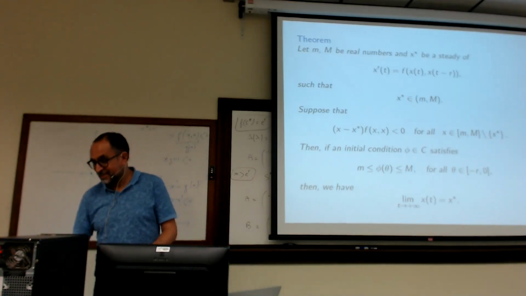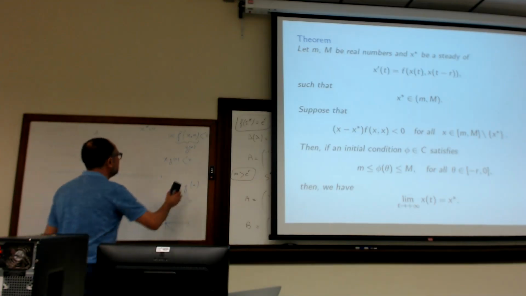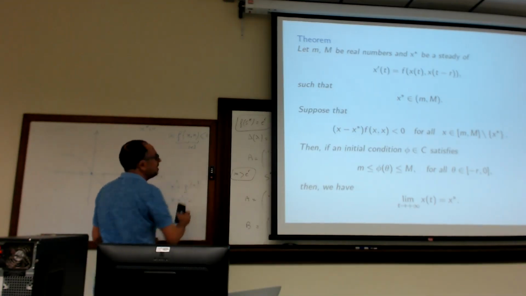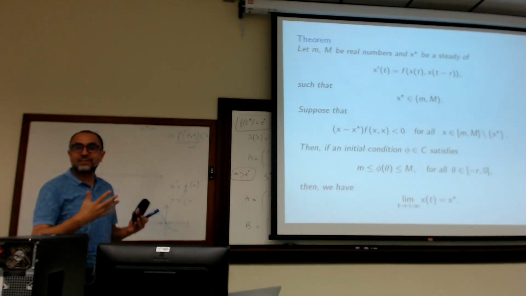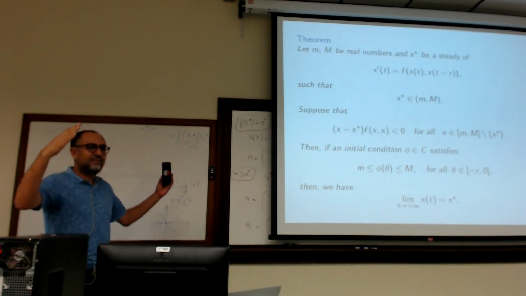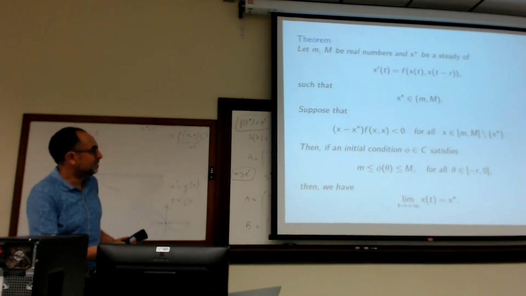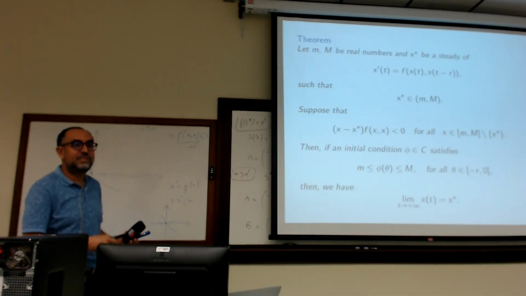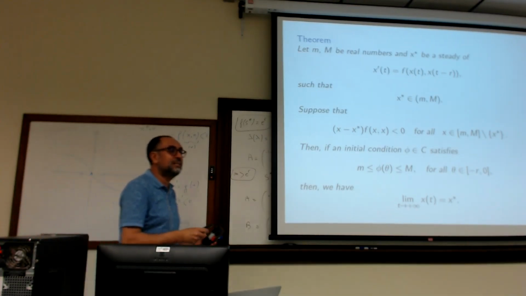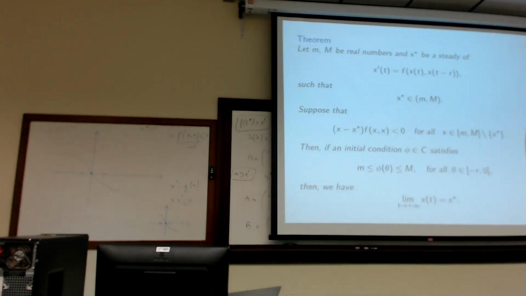Let's try to have an example. This is interesting because it's global. That means you know exactly what your set of initial conditions is that gives you this attractivity. It's not like local stability, which tells you there exists a neighborhood around the steady state.